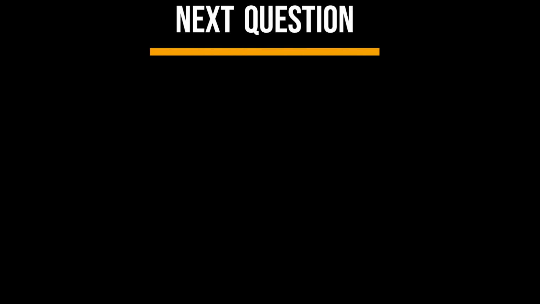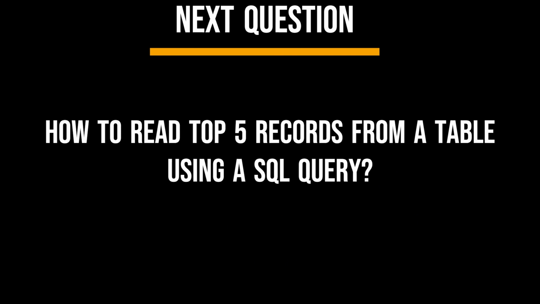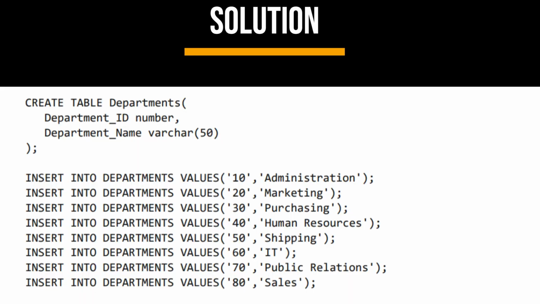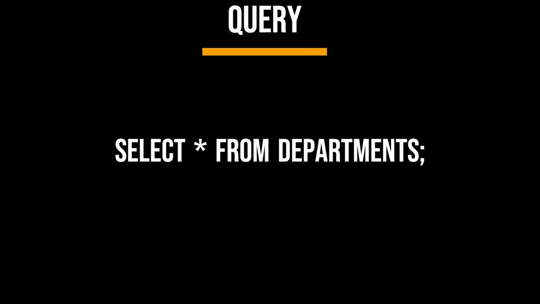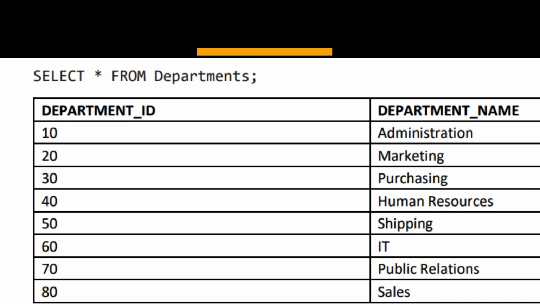Next question. How to read top 5 records from a table using a SQL query. Solution. Consider the below table departments as the source data. If you run the following query, select asterisk from departments, you will get the following result.